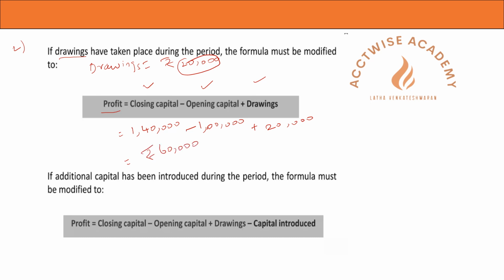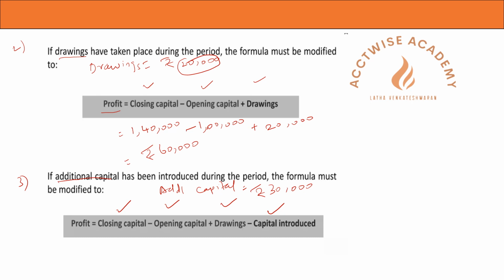So now our profit will change to rupees 60,000. Next scenario. What if additional capital has been introduced during the period? Profit becomes closing capital minus opening capital plus drawings minus capital introduced. So now let us assume that the additional capital introduced is rupees 30,000.